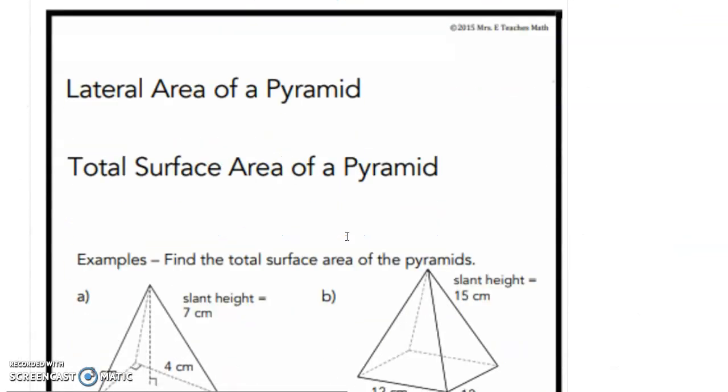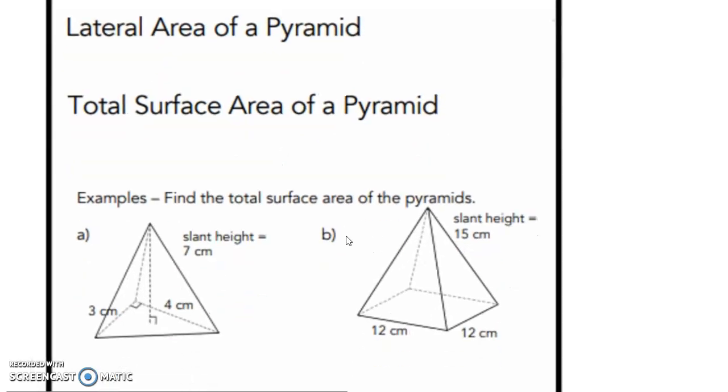So let's talk about lateral area and surface area. I'd like to do surface area first. The surface area of a pyramid or a cone is the area of the base, so it's not 2B, it's just B because there's only one base, plus 1/2 the perimeter of the base times the slant height.